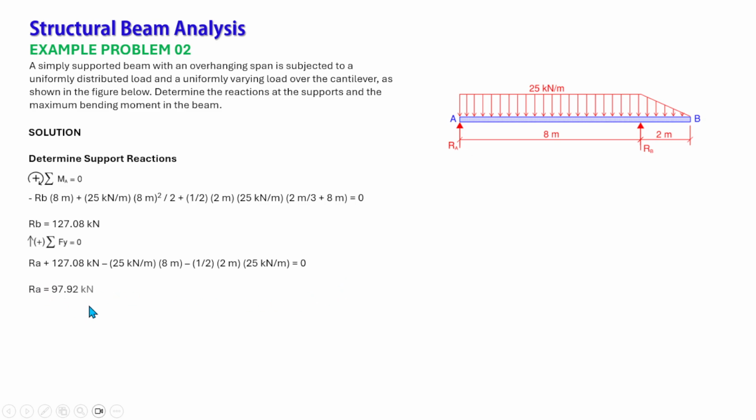So RA is equal to 97.92. So now we have determined the reactions of the supports. So we are ready now to draw the shear diagram.